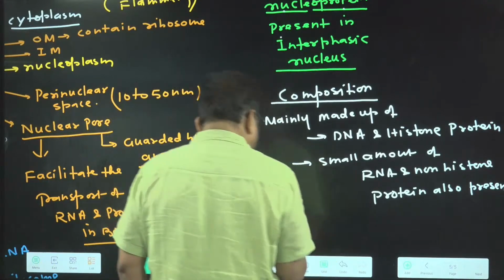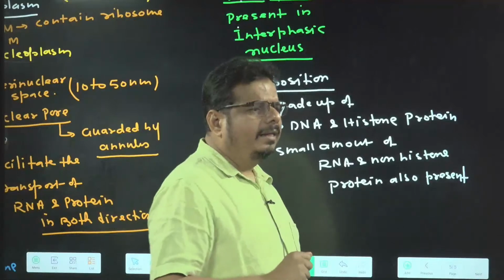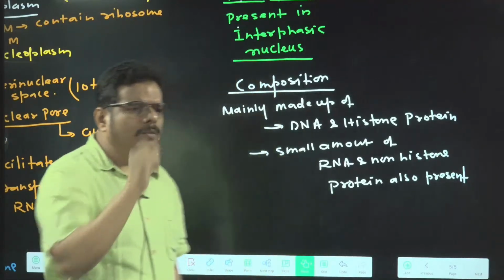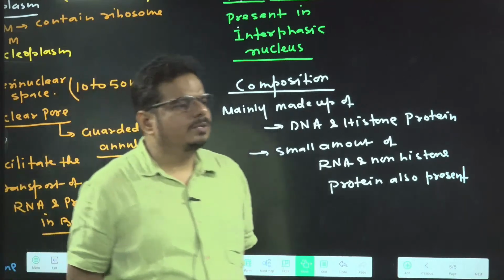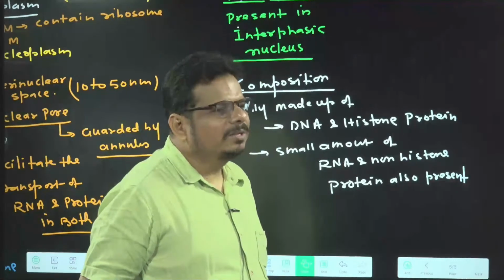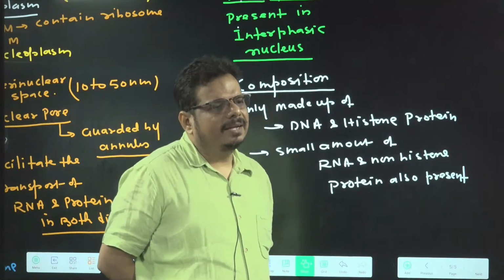So if you talk about composition, how many things are there? DNA, RNA, histone protein, non-histone protein. These are the composition of chromatin.